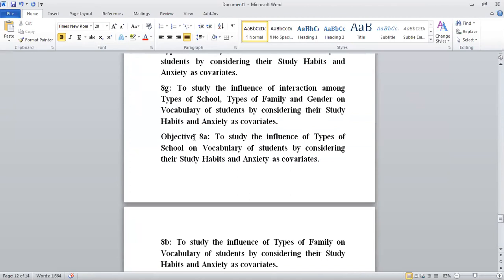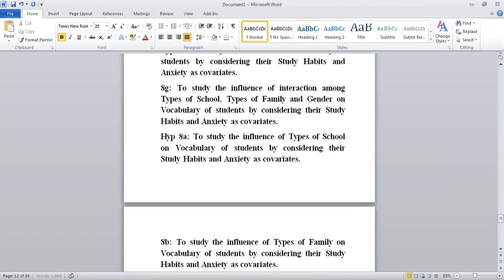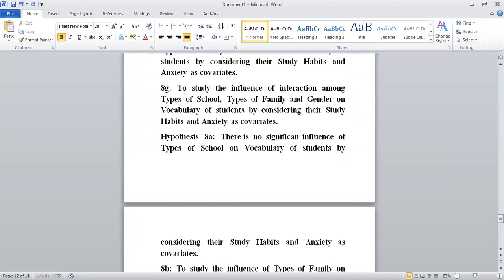So now, instead of objective, I write hypothesis. And then I say there is no significant influence of types of school on vocabulary of students by considering their study habit and anxiety as covariate.